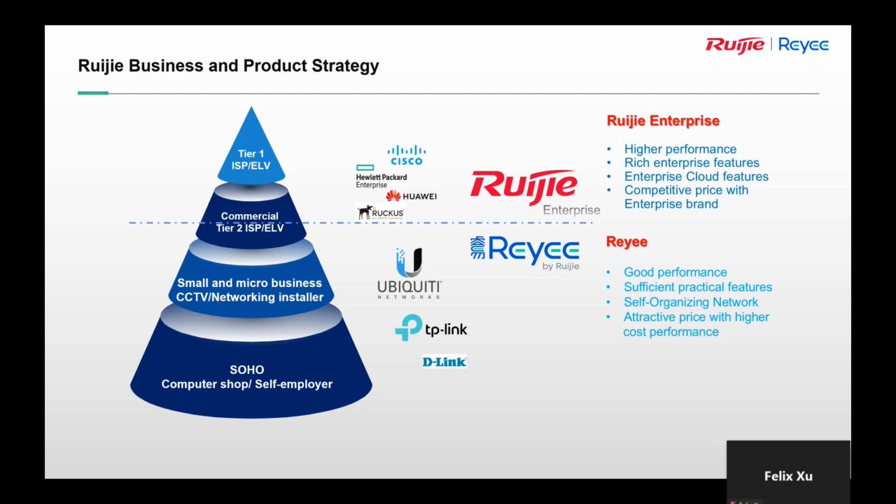The competitors at this level are Cisco, HP, Huawei, and Lucas. And also you can see at the middle line, you can find another brand named Ruijie. For the SMB market, we have this sub-brand named Ruijie, whose competitors are mainly Ubiquiti, MikroTik, TP-Link.